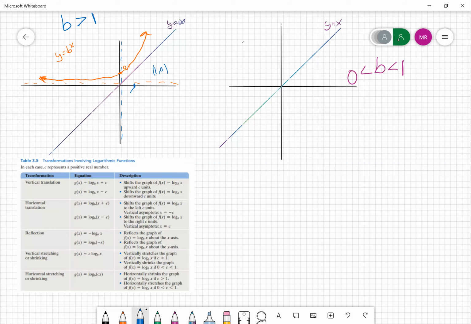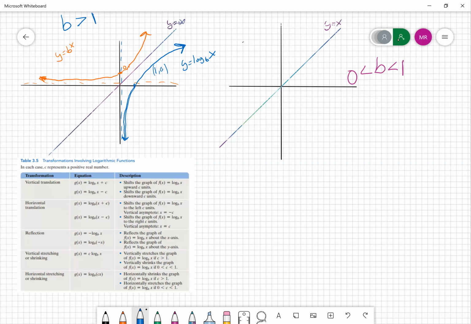As it gets closer to 0, or as it goes left, it goes down, and as it goes right, it goes up. This is our basic y equals log base b of x, the parent function which things are based off of. Knowing our asymptotes and the point where it hits the x-axis is pretty important.